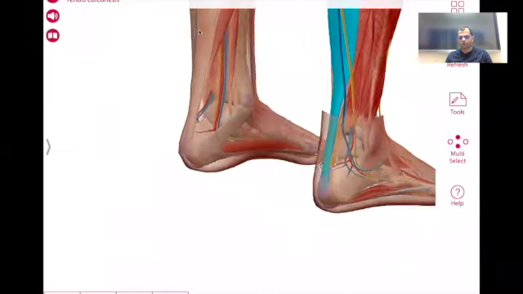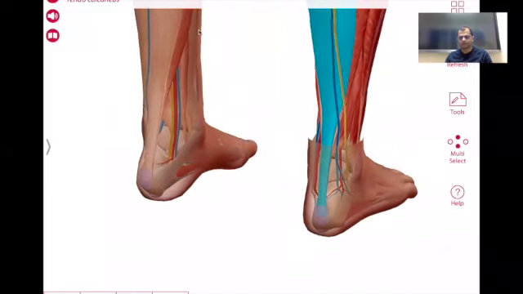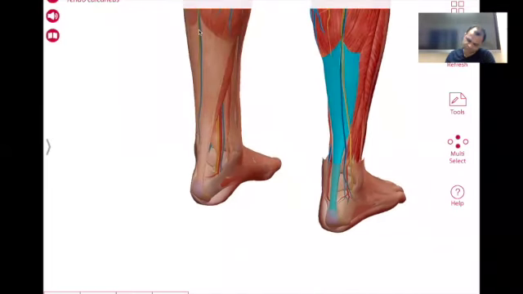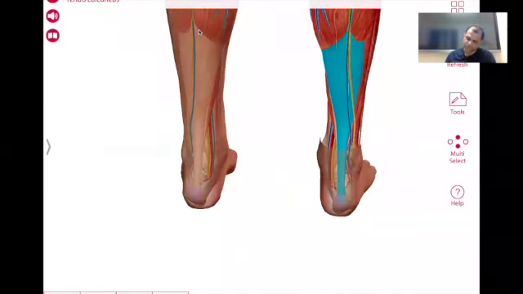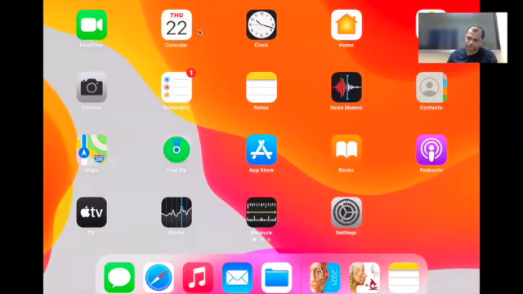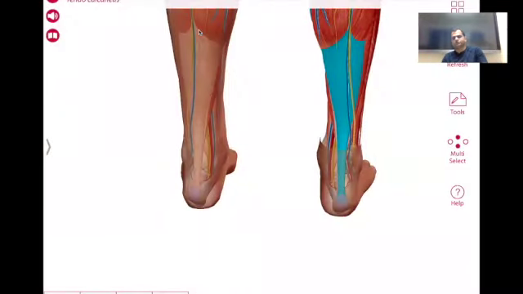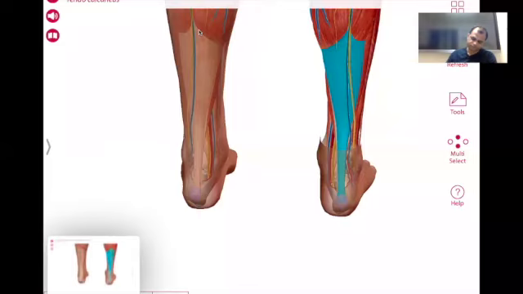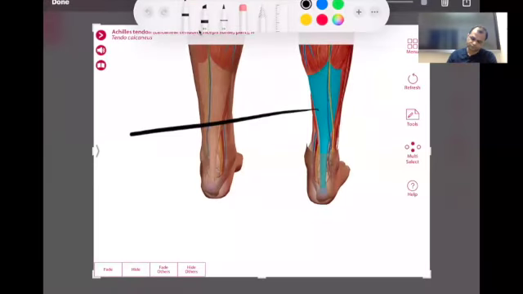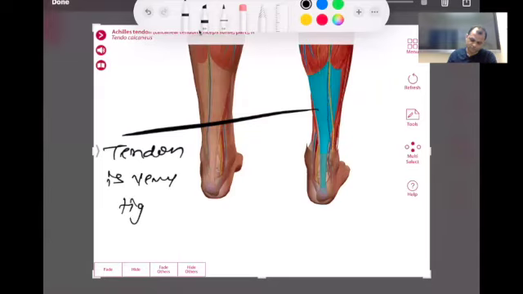Now, the last cause, not last, we can tell the second last, if this tendon is very tight, then also it can create the heel pain.